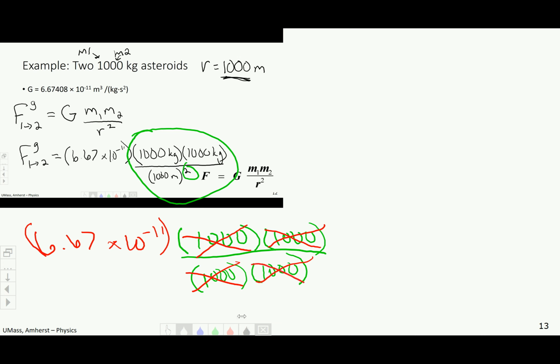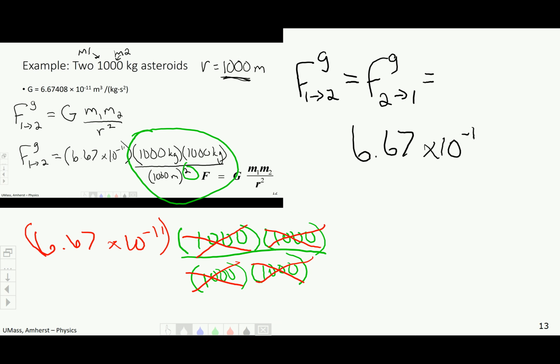So at the end of the day, what did we get? We saw that the force of gravity from 1 on 2, and therefore, by Newton's third law, the force of gravity from 2 on 1, is equal to 6.67 times 10 to the negative 11th newtons. We have to make sure that we include our units at the end.